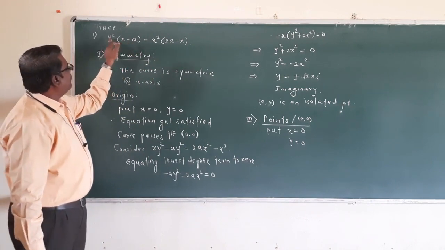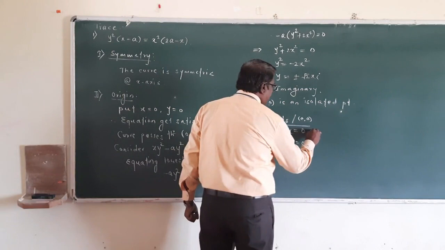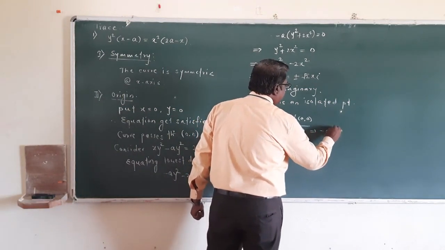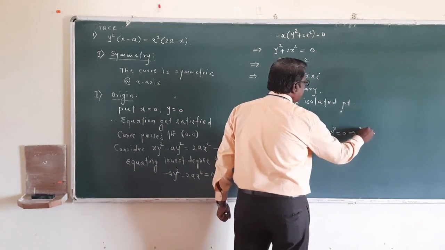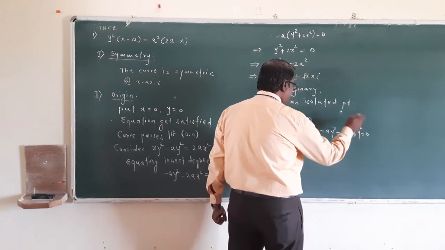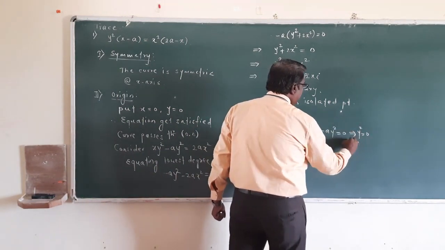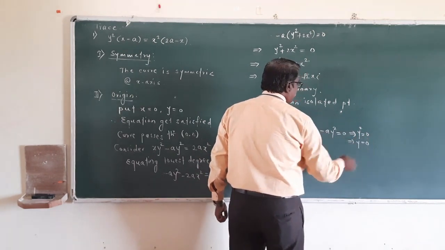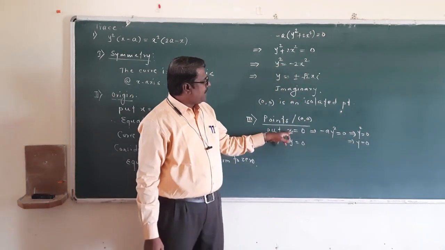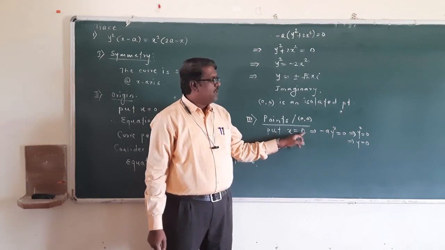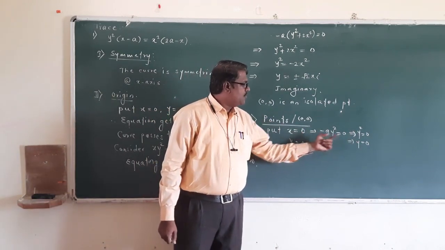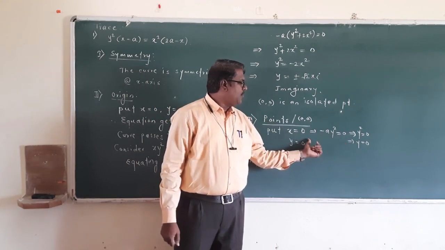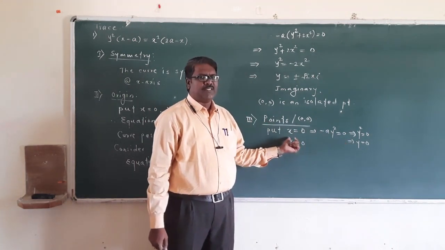So minus ay square is equal to 0, and this implies y square is equal to 0, and therefore y is equal to 0. So when we substitute x is equal to 0, we got here y is equal to 0.